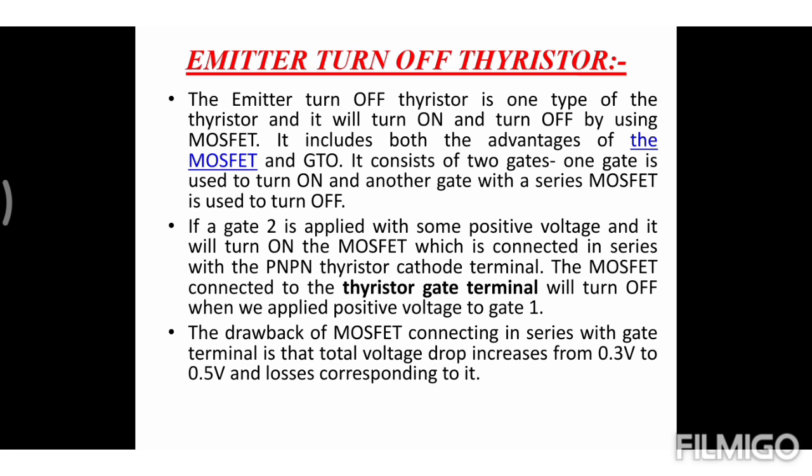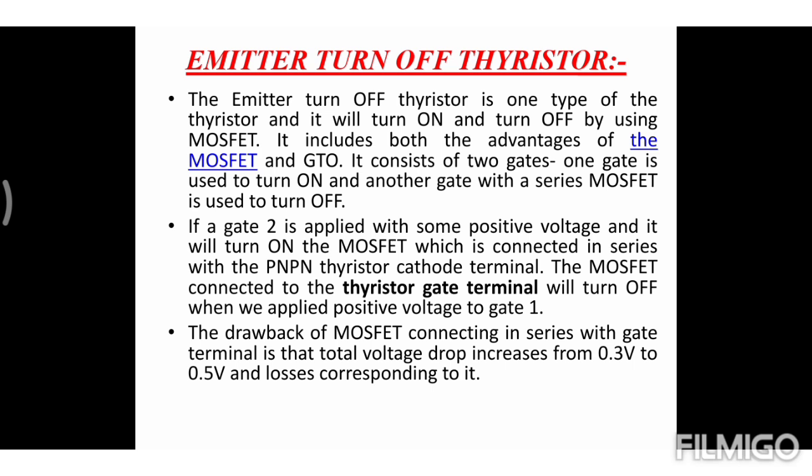This MOSFET is connected in series with the circuit. That means here the voltage drop is increased from 0.3 volts to 0.5 volts. So the voltage is increased, which means automatically the losses are going to increase. These are the working process of the emitter turn off thyristor.